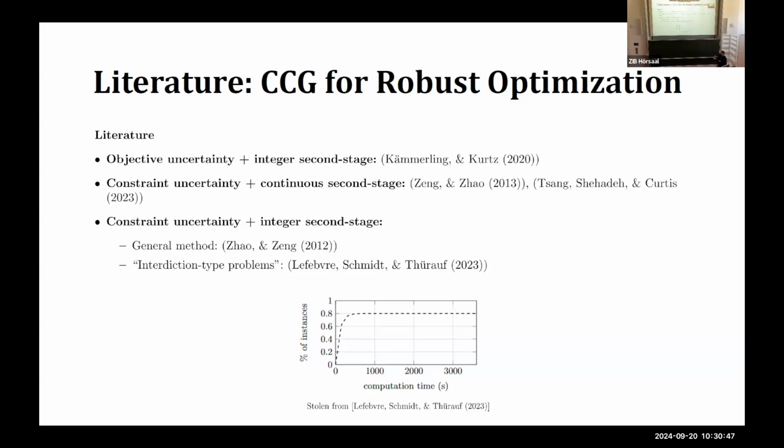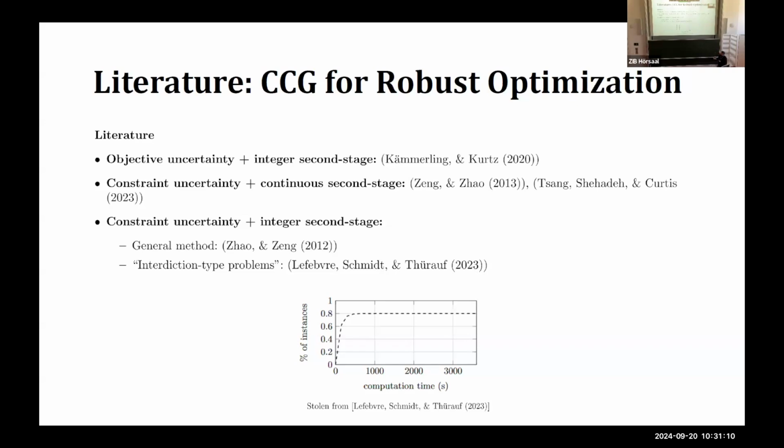So there is some work. We did some work for objective uncertainty, where the uncertainty only appears in the objective function, then the problem is easier. And there are also works where the uncertainty is in the constraints, but the second stage variables are continuous. That's also an easier case, I would say. There are some promising works on this.